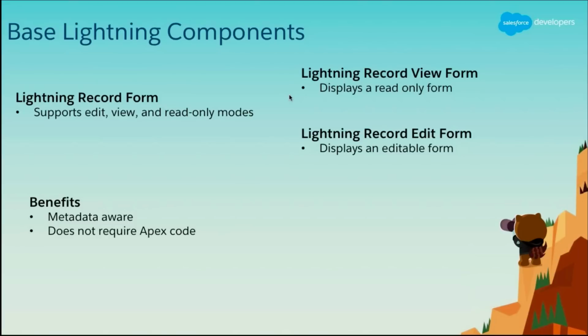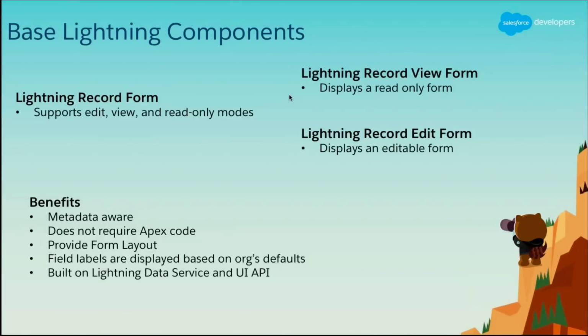We only use the markup, and within the markup we specify what kind of data we want. And then you also need not really worry about the layout of your form. It's all again handled by the Lightning Record Form itself. It provides a default layout in which you can see your records. And the field labels also are populated based on the org defaults.